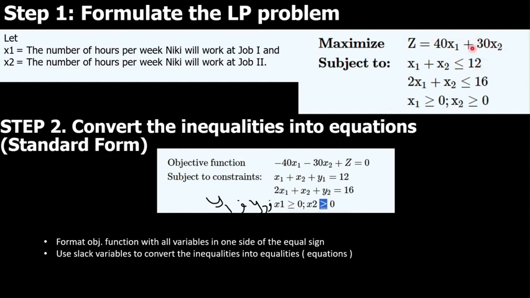We will move the right-hand side, 40x1 plus 30x2, to the left. So the equation of z would be minus 40x1 minus 30x2 plus z equals 0. The reason is that the system of equations can now be converted to matrices, which is the mathematical tool used by simplex.